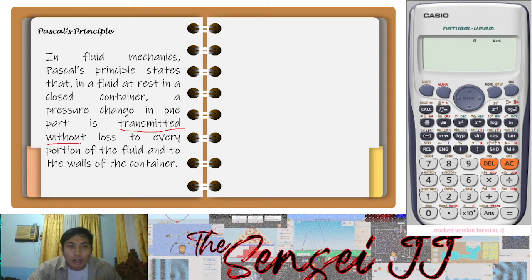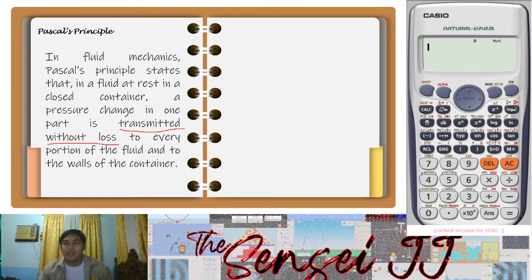Transmitted without loss, meaning that from one location to another, all of the fluids are being transferred without any loss. Nothing's left behind. That is Pascal's principle, transmission without any loss.